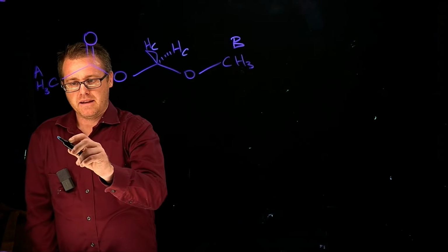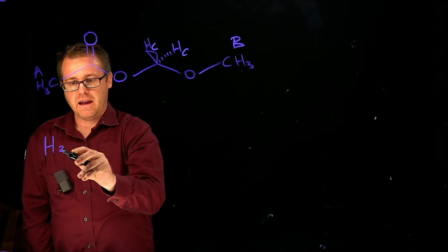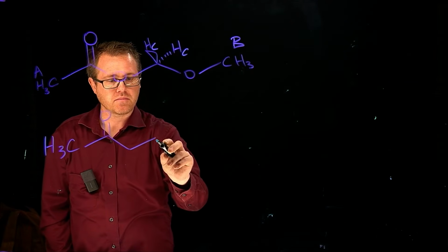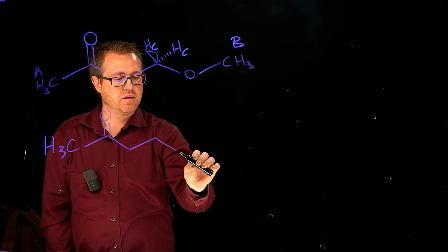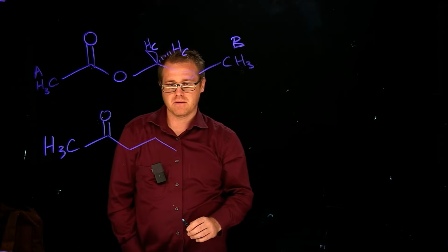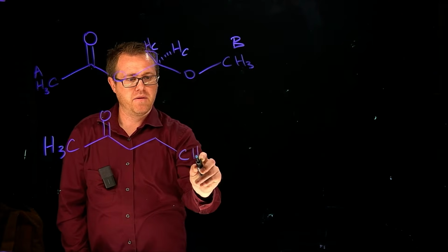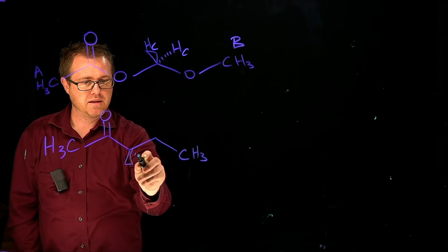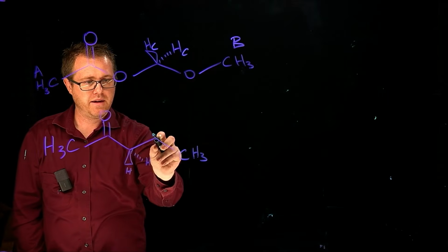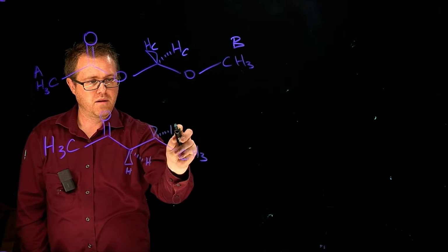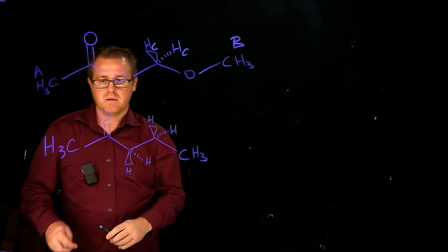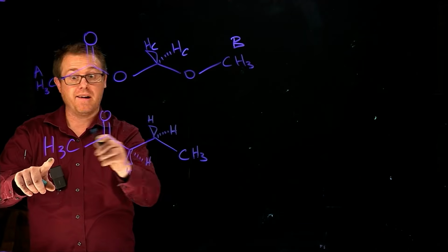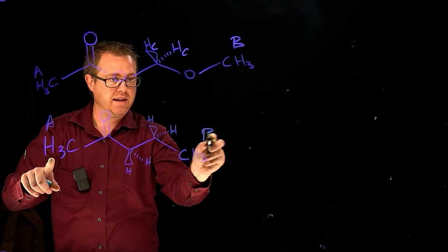Now, I lied. Let's do two more. What if we had something like this? So we have methyl there. Now we have these methylenes right here. So this methyl is attached to carbonyl, that methyl is not. So those have to be chemically distinct.